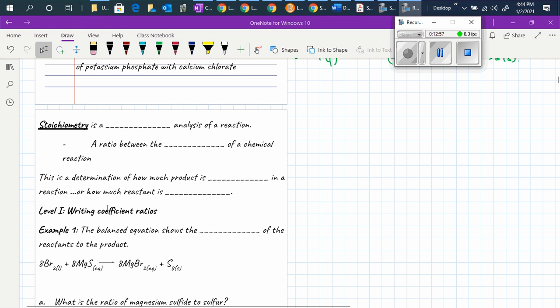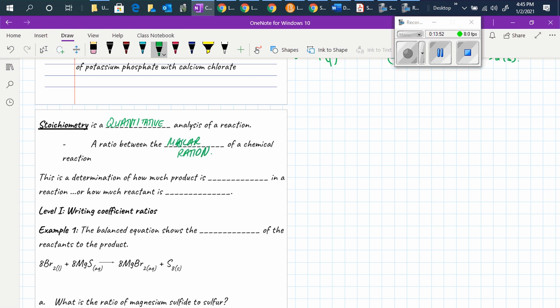So now we'll move to the intro to stoichiometry. Stoichiometry is actually quantitative analysis of a reaction, so it is pretty much calculations. What we have to take into consideration is the molar ratio, which is the coefficients in a balanced equation.